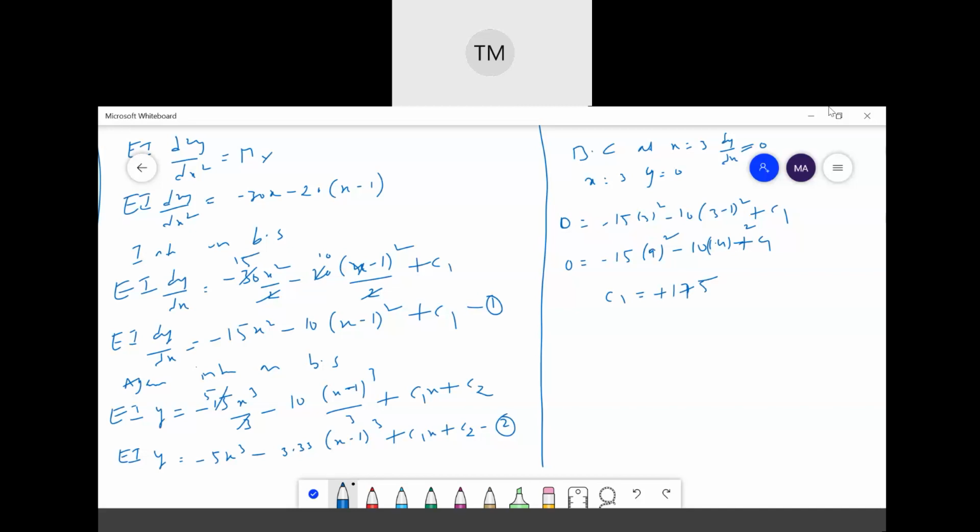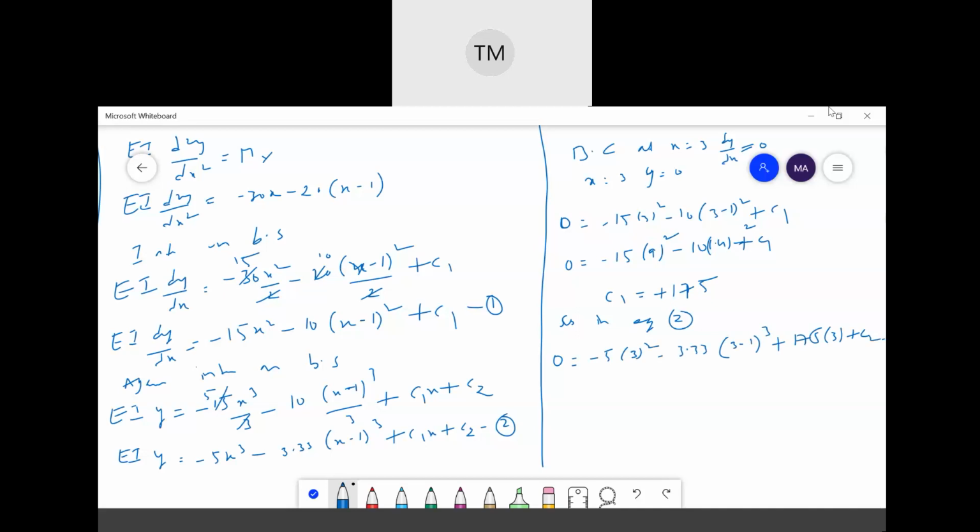Then you will substitute the second boundary condition in equation 2. When you substitute in equation 2, what happens? 0 is equal to minus 5 into 3 cube minus 3.33 into 3 minus 1 whole cube plus C1, which is 175, into 3 plus C2.